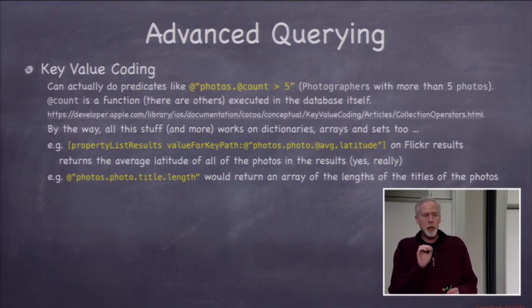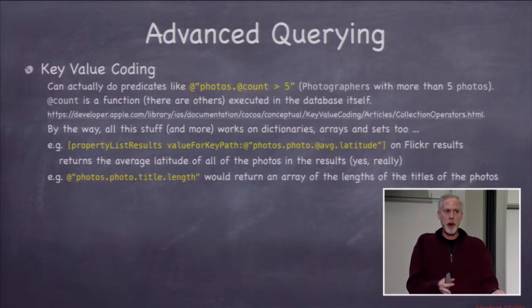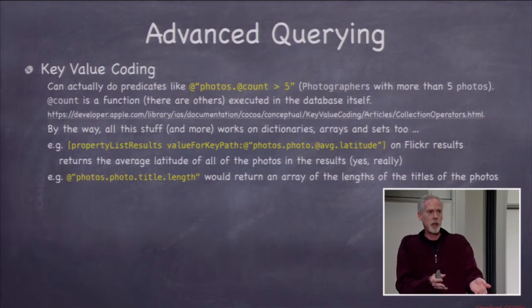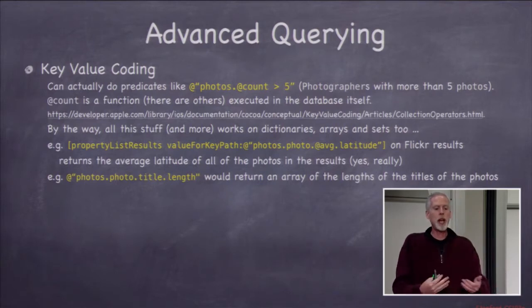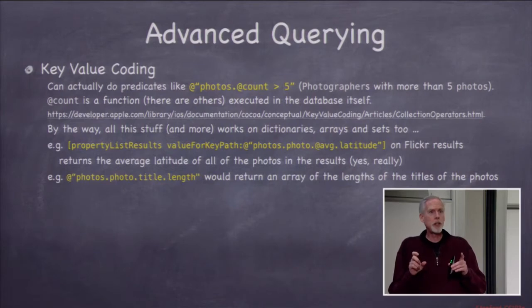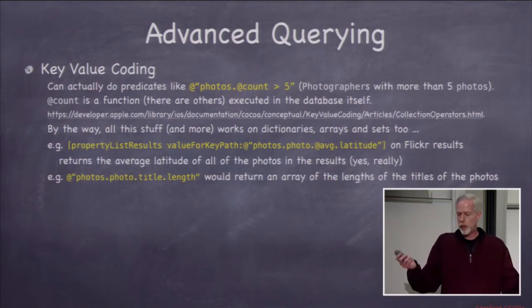If you put @count in the thing you're querying for, as long as the thing to the left of it is an array or an NSSet, then it will replace that with the count of how many things are in that set. So for example, if I wanted all the photographers who have taken more than 5 photos, my predicate would be photos.@count is greater than 5. And there are other @ functions, like @average, you can look through to find out what there is.